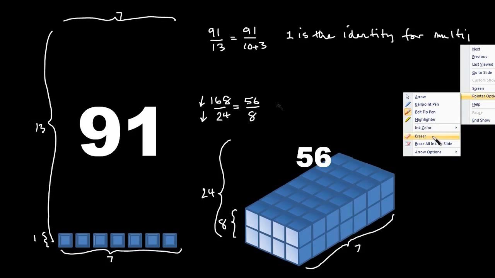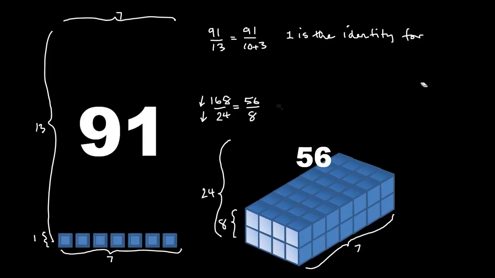And what we're saying here is something very useful: that 1 is the identity for multiplication and division. Let's just keep this simple and write it: when we're timesing and dividing, for multiplication and division.